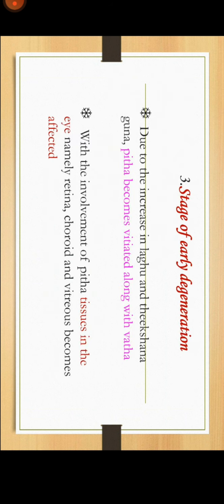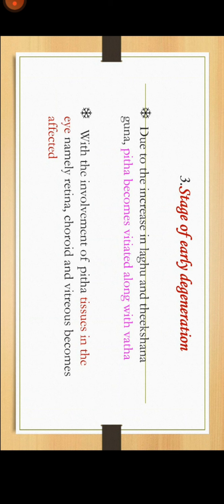Then the third stage is the stage of early degeneration. After the second stage, that is the stage of progression, degeneration starts. That is the stage of early degeneration. Due to the increase in Laghu and Tikshna guna of Vata, Pitta becomes vitiated along with Vata.